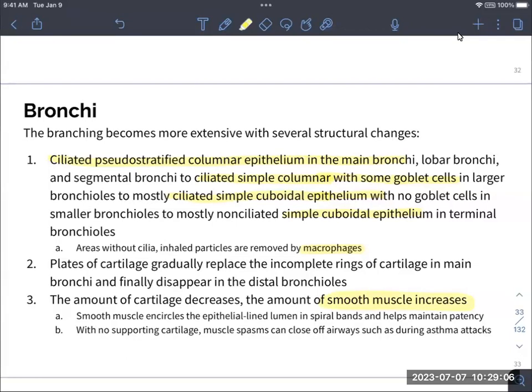And smooth muscle is going to go around those entire bronchioles, terminal bronchioles. So where there's no cartilage, if that smooth muscle were to spasm, it could completely close off those airways. And that is what is happening during an asthma attack specifically. That smooth muscle is spasming and completely closing off that area.